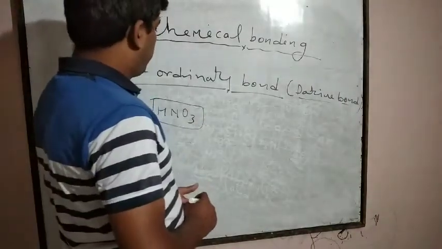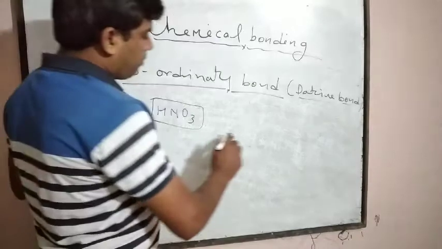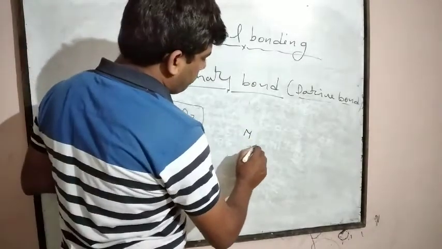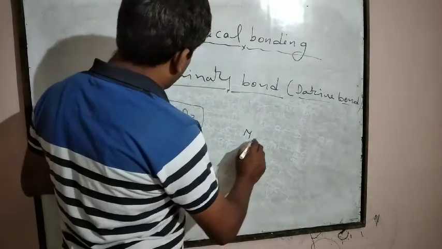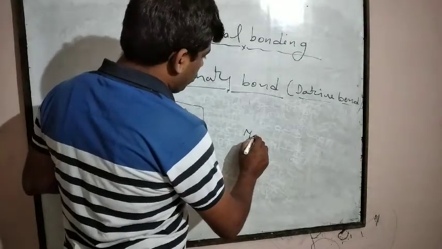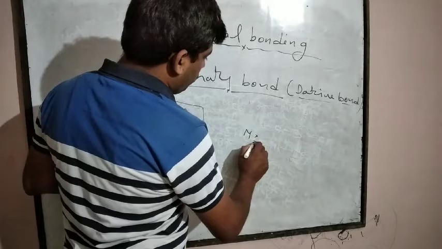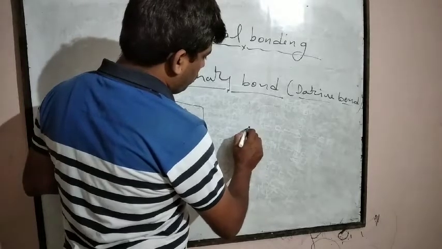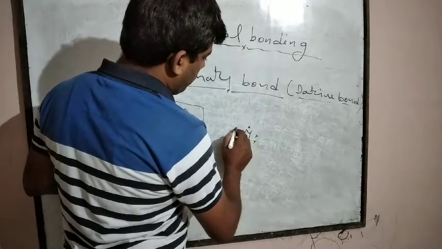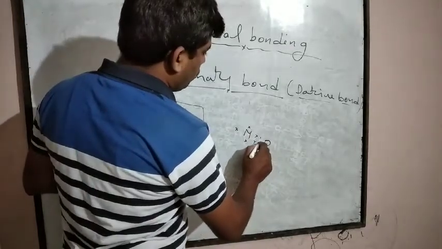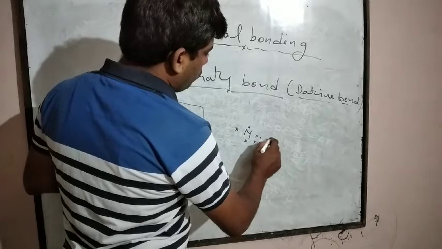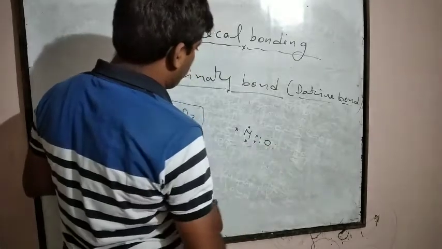If we draw the Lewis dot structure of HNO3, nitrogen has 5 valence electrons. Oxygen has 6.